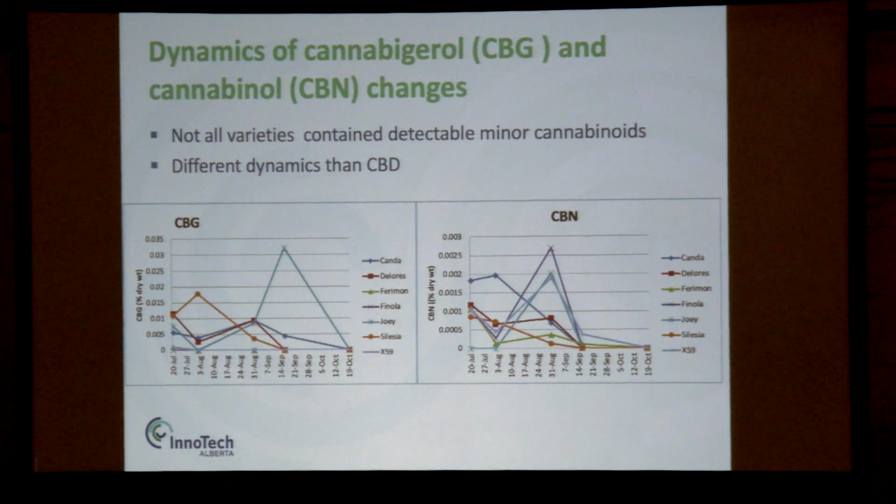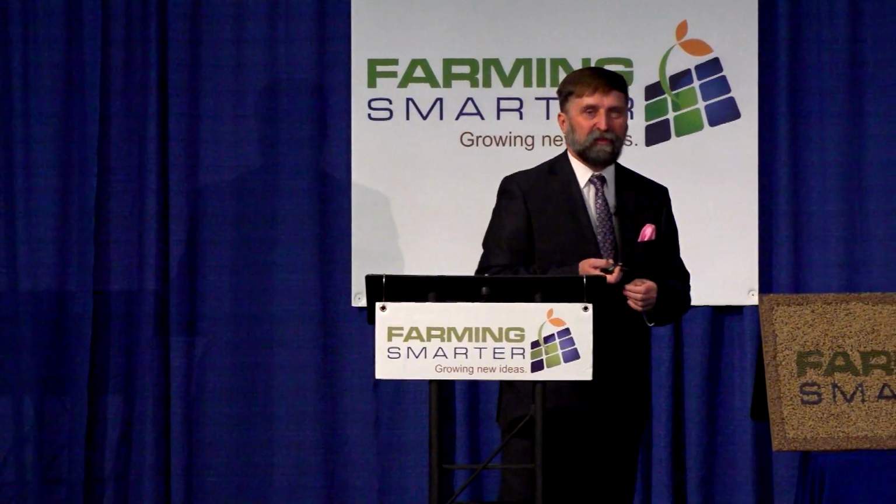In my lab, we're profiling 10 major cannabinoids. In this graph, I want to show you that there are others like CBG, cannabigerol, and cannabinol, CBN, and very many others. These minor cannabinoids have great medicinal properties.